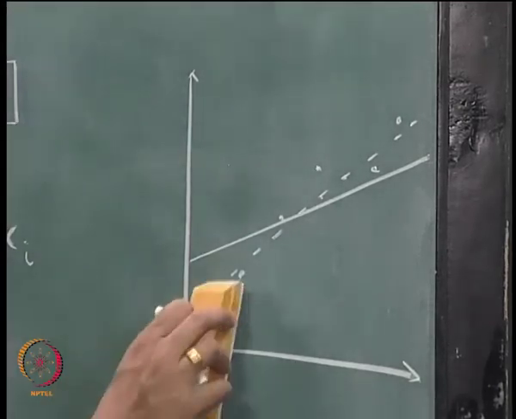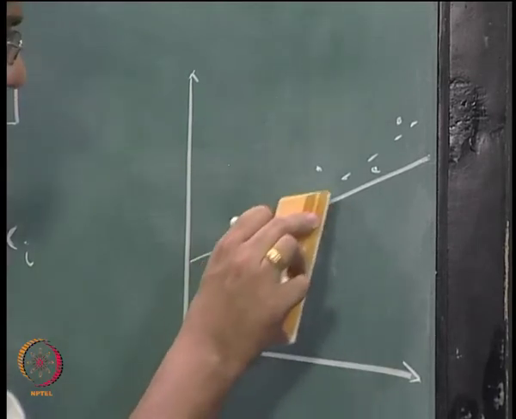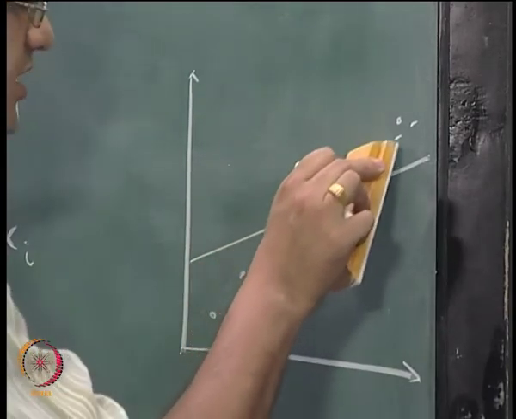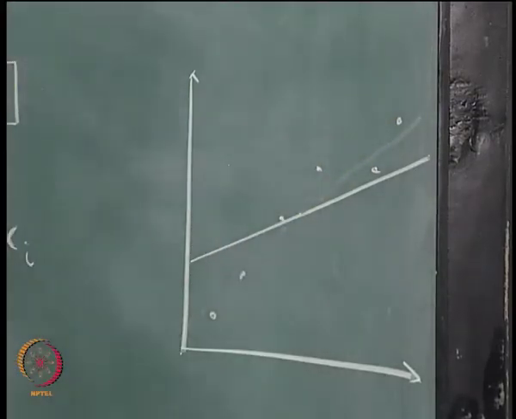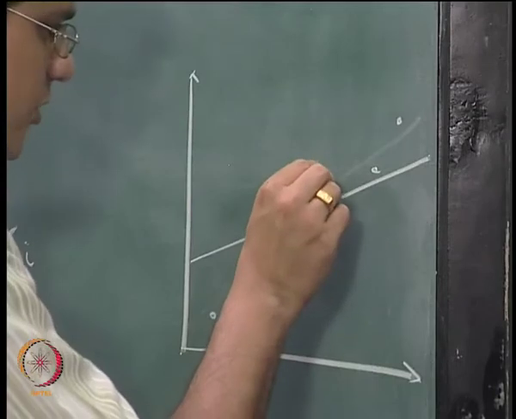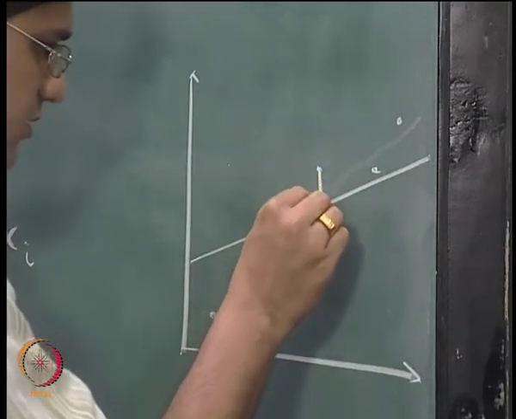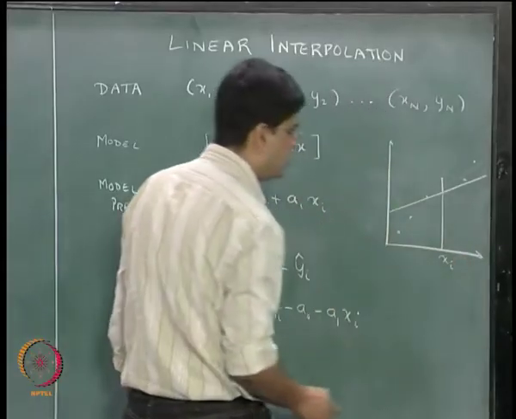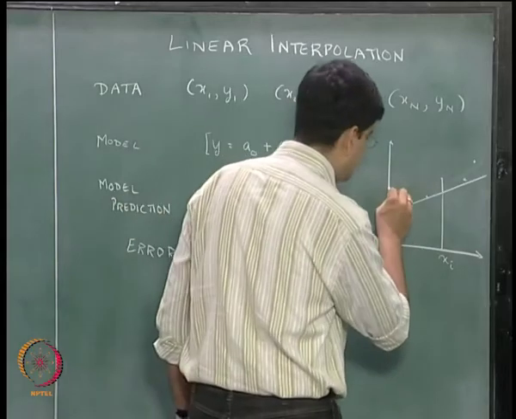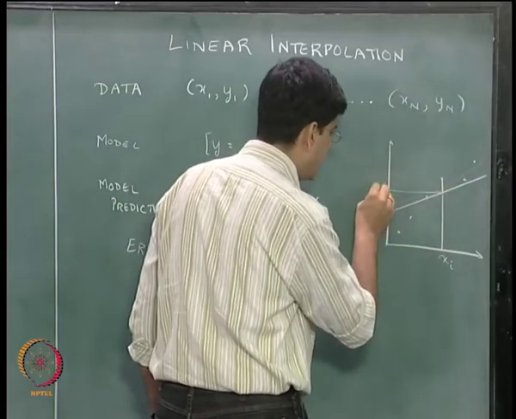In that case, let us look at graphically what the error Ei really means. I will just erase the dotted line that I had drawn. Let us look at the fourth point. For the fourth point, this is the value xi, and this particular value is yi hat.